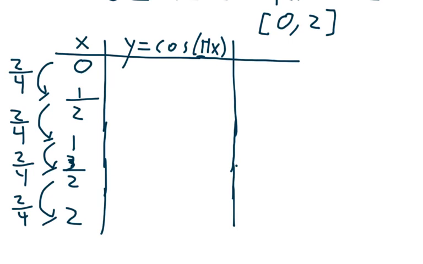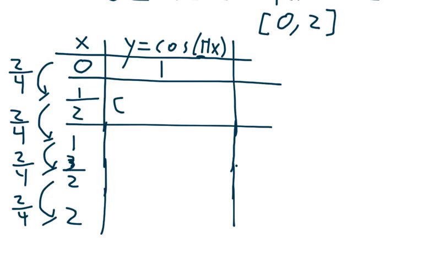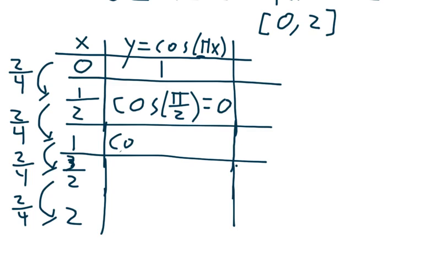We're going to get the value at each of these x's. Cosine of pi times x, well, that's cosine of 0, which is 1. Here we have cosine pi over 2, which is 0. Here we have cosine of pi times 1, which we know is -1.